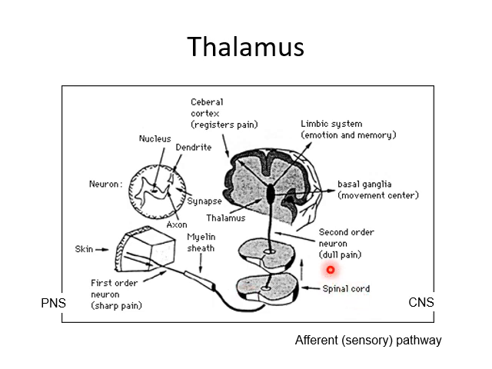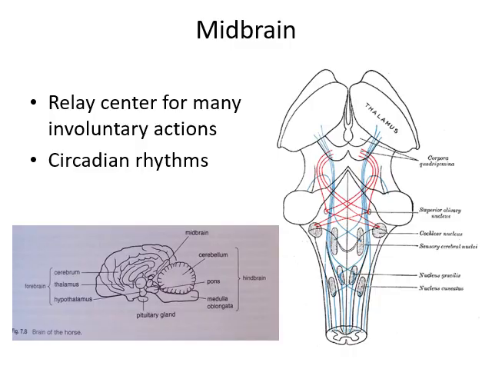In this case, we're looking at some sort of sensor on the skin that's going to come up and then be processed through the thalamus into the higher brain. But you've got two-way communication going through the thalamus, stuff coming up, stuff going down.